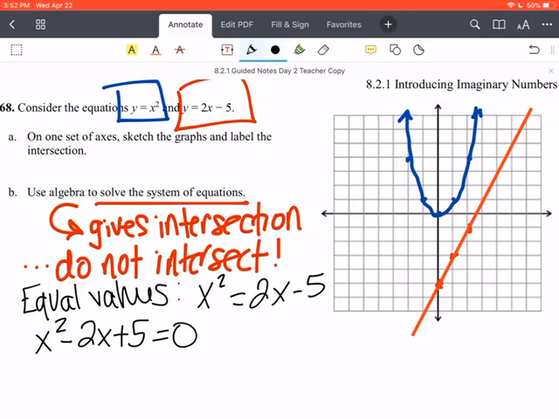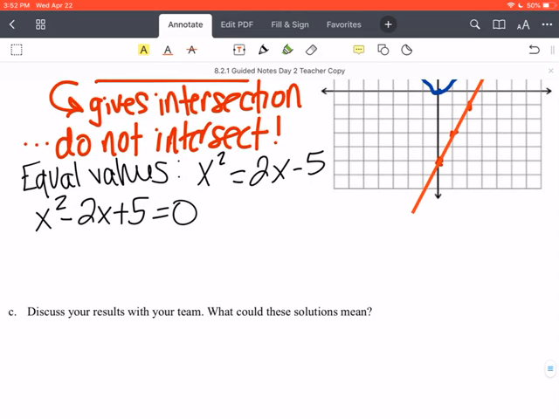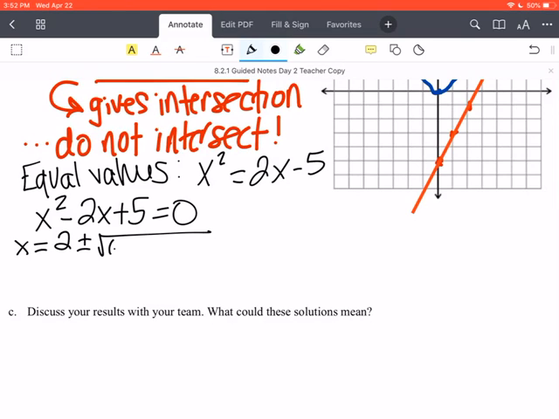Now, if I think about numbers that multiply to be 5, which is just 5 and 1, that's not going to get me anywhere near -2 when I try to add them together. So I am going to have to do the quadratic formula in order to solve this. Okay, so this is going to be quick because we shouldn't have that mastered. So we have x equals the opposite of b plus or minus the square root of -2 squared minus 4 times 1 times 5 all over 2 times 1.